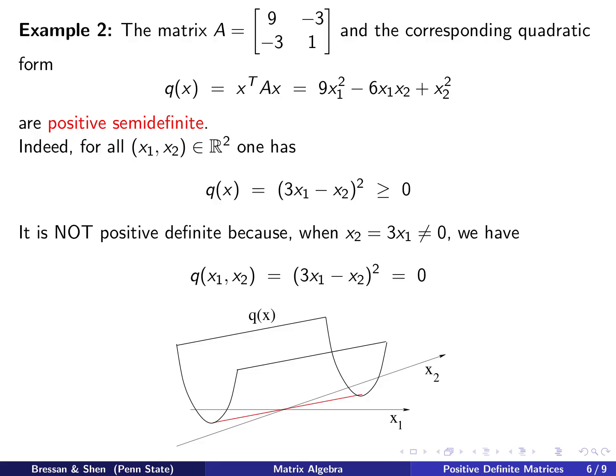Along that line, Q of x is 0, so it touches the 0 level, and the rest is this parabola. You can think you have this parabola, and you move it in this direction, keeping the tip along the red line, and then it forms a surface, and that is the surface plot for Q of x. So you see it takes value 0 even when the point is not at the origin.